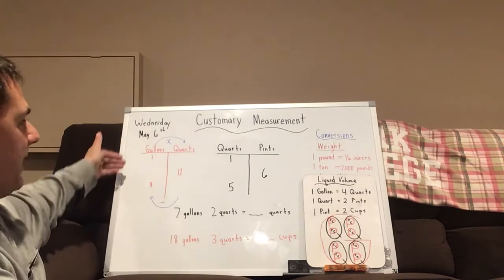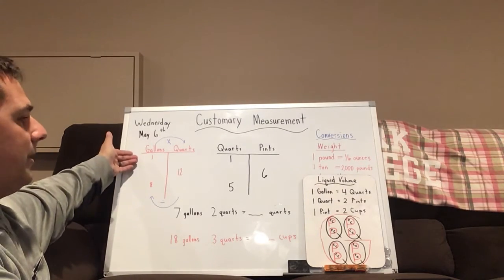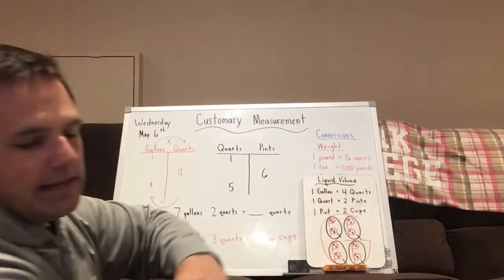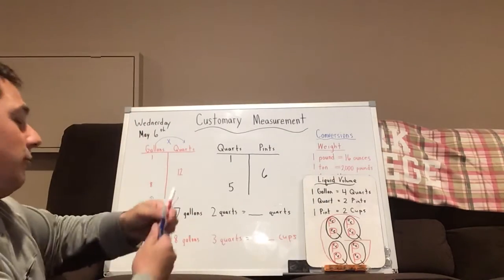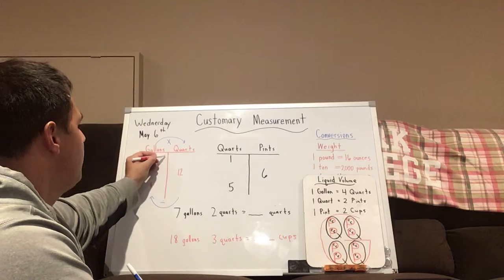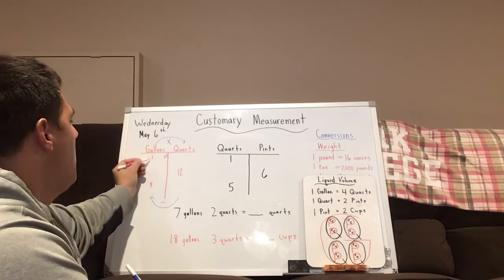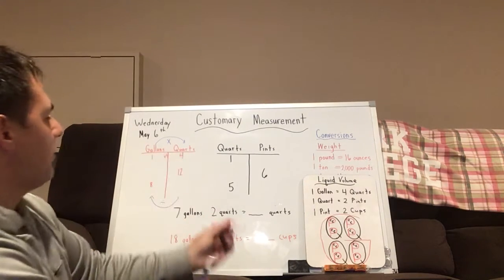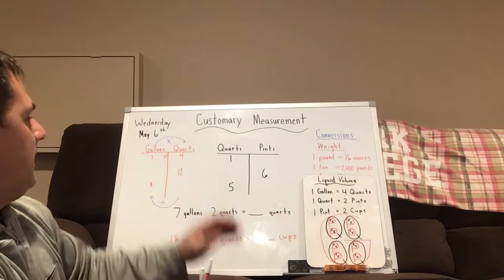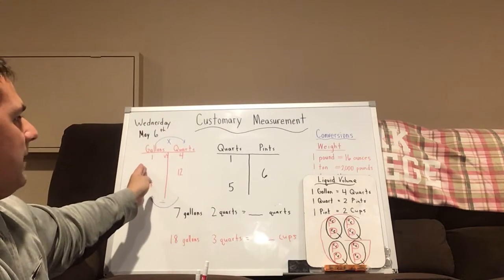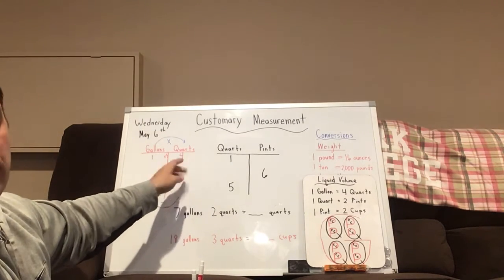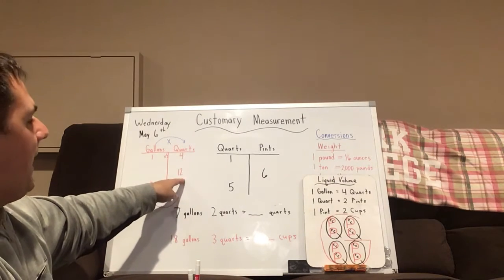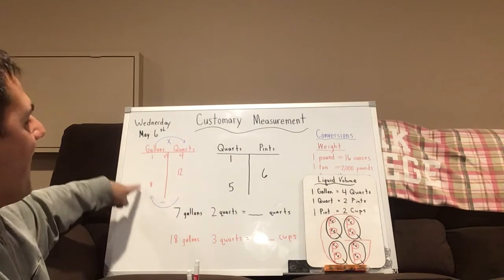So you can see on my chart today, my first one is I have 1 gallon. And if I remember, I know that 1 gallon is equal to 4 quarts. So right away, I know that this is going to be just times 4. And 1 times 4 equals 4. Now you can see for the next equation, I am given the quarts. So I'm given the smaller amount, and I have to figure out how many gallons are inside.